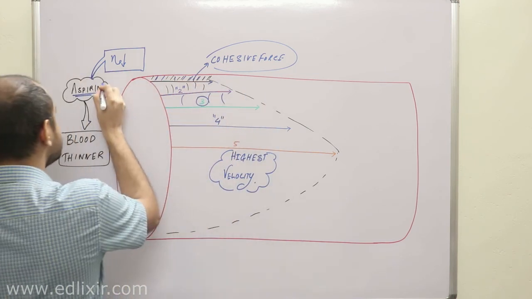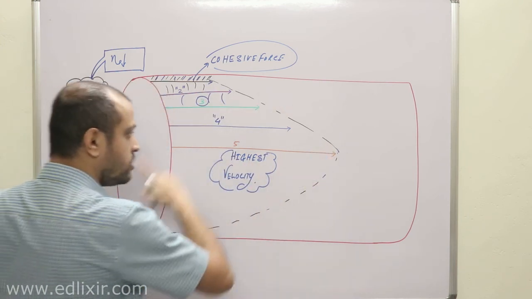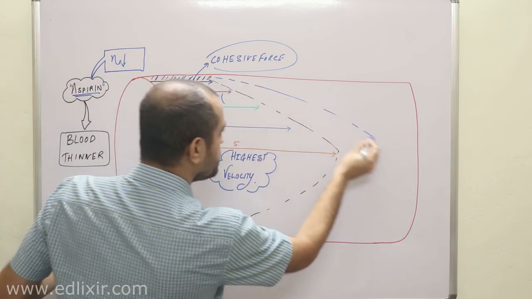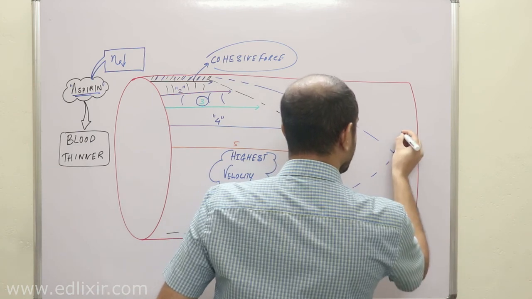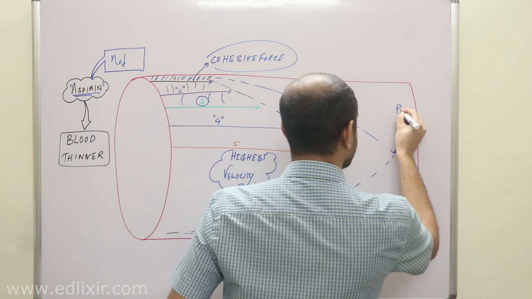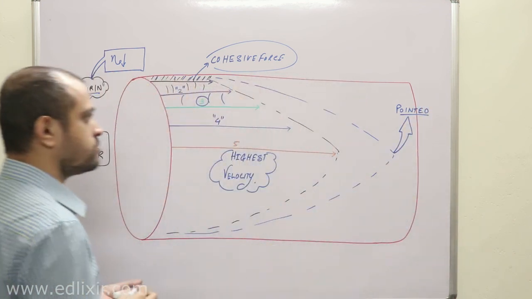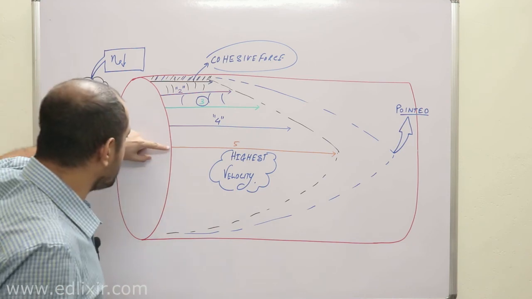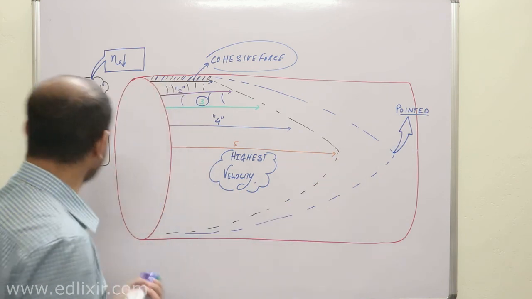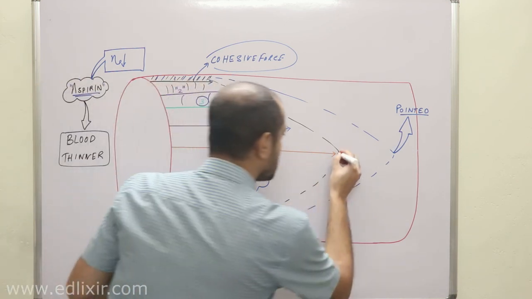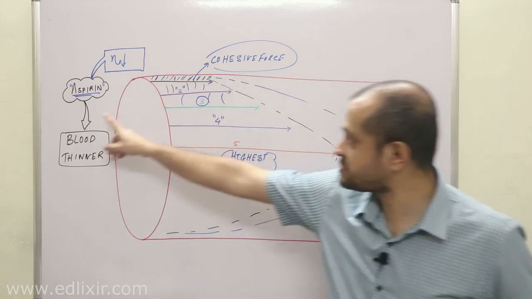But the first important change you will observe is that the bullet tip velocity profile of your blood is becoming more and more pointed. That means the median velocity of the blood is increased a lot when you add aspirin. Clear? That means blood flow is increased. So this is the velocity profile picture of your blood when you add aspirin and when you don't.